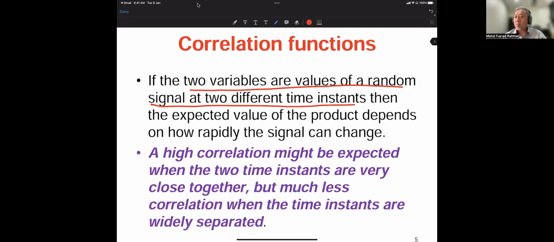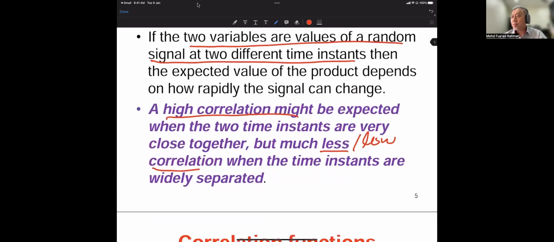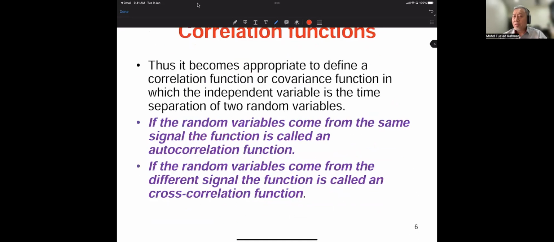High correlation means when two time instances are very close together, but much less correlation when the time instants are widely separated. So it is appropriate to define correlation functions or covariance functions.